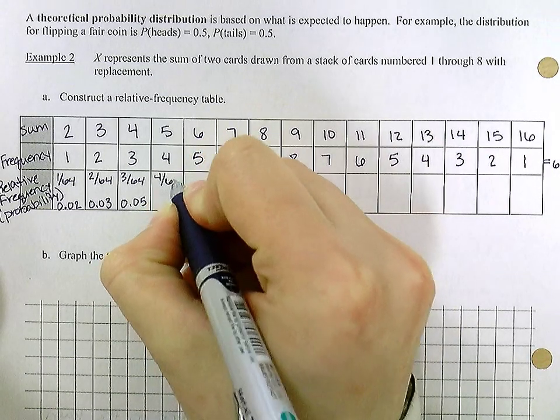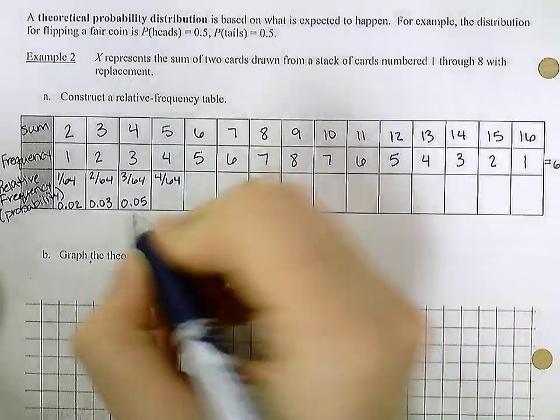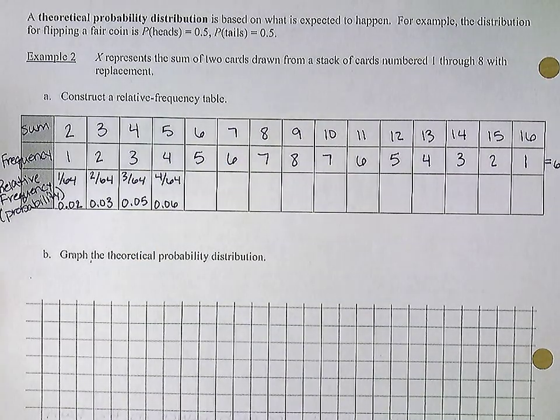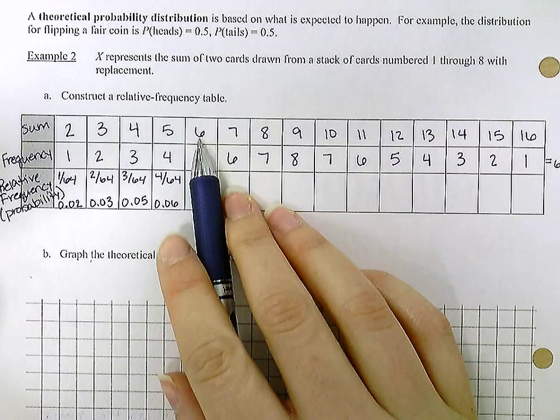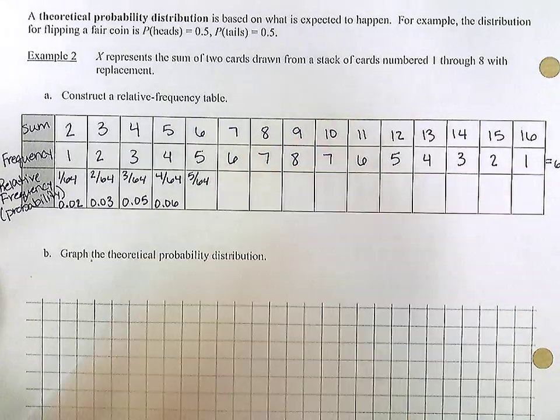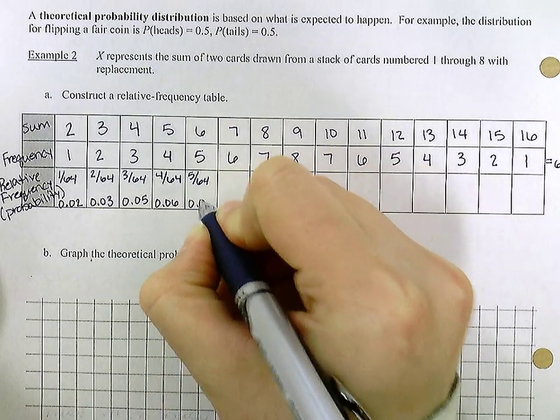Then 4 out of 64. No. 8. 7. 4.4. Then our sum of 6 is 5 out of 64. Okay, 5 out of 64 is 0.08.